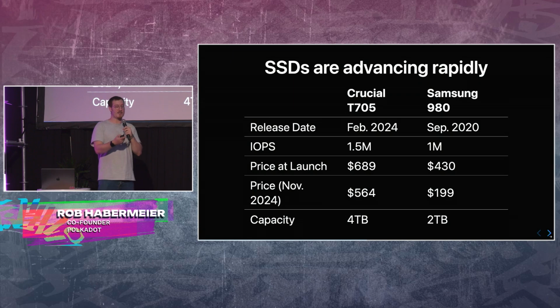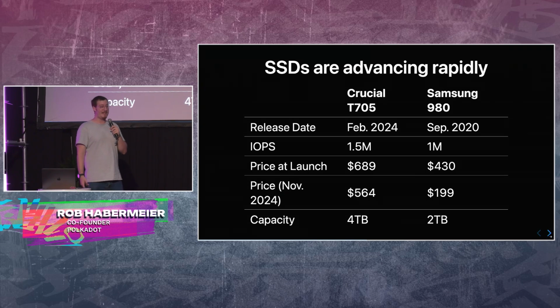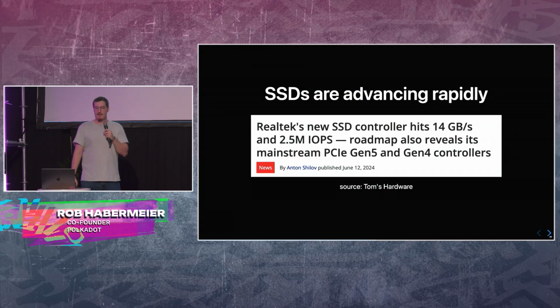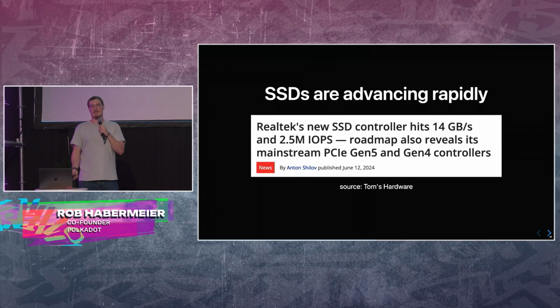As you can see in the 2020 example, and just in the space of, say, 9 months, the prices for even these models are coming down rapidly, and the capacity is also increasing. I wouldn't be surprised to see 8 terabyte drives with 2 million IOPS in a couple of years. It seems reasonable.